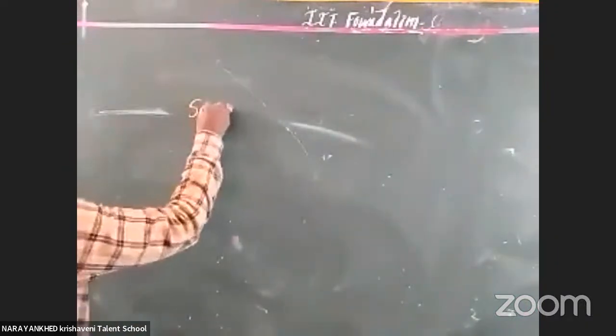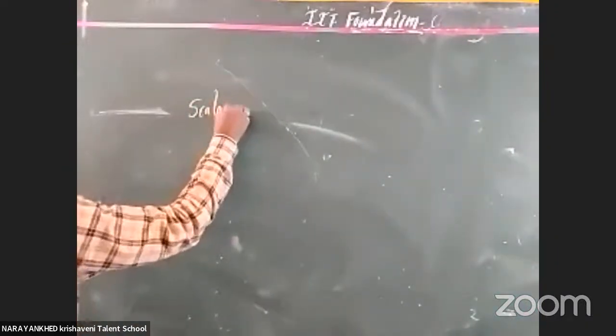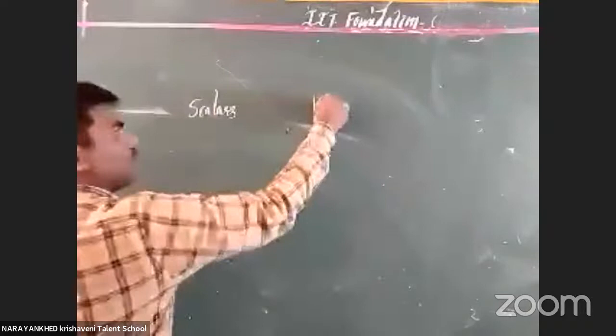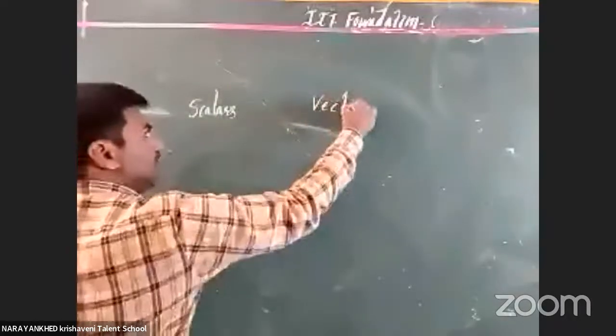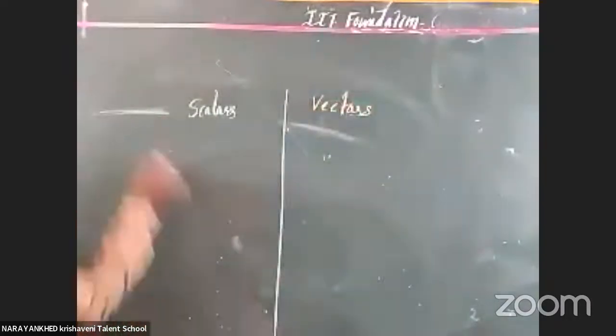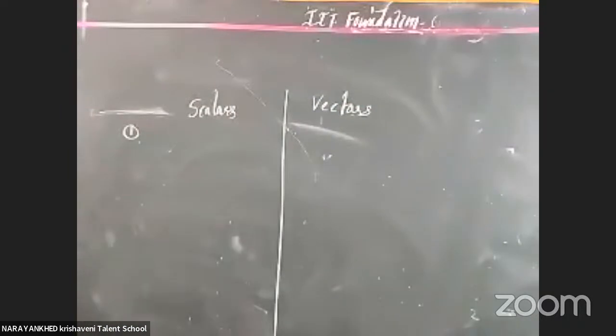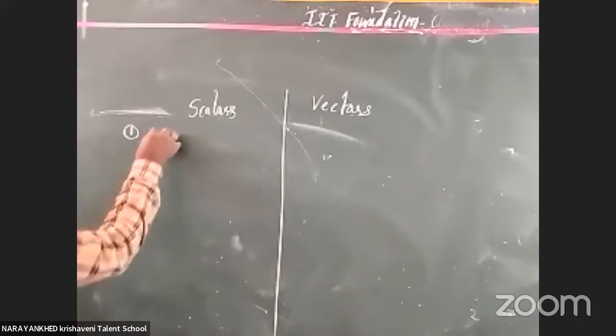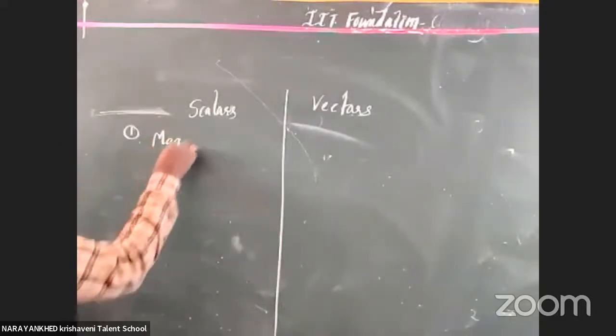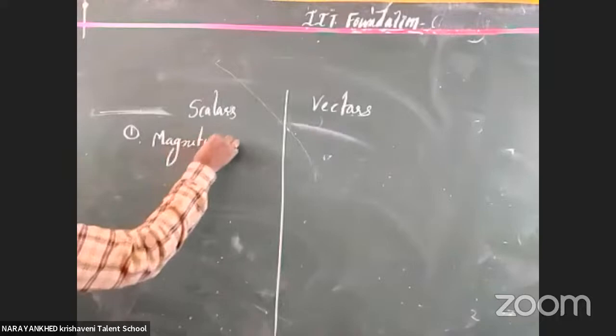So suppose you take a scalar and a vector, what are the differences between these two? The first point is the definition. For a scalar, magnitude is enough. Magnitude is only enough here.